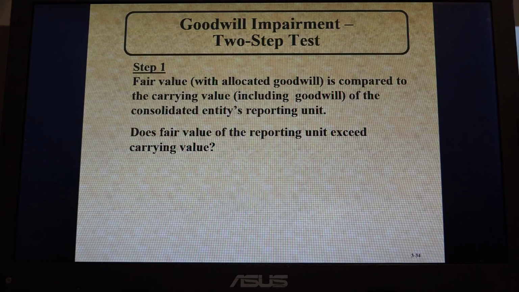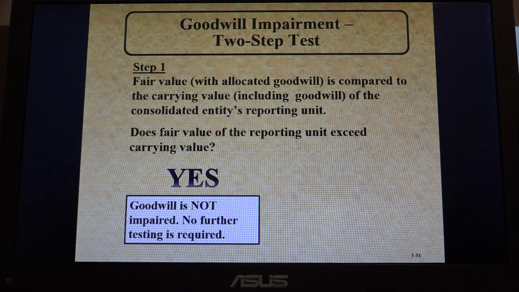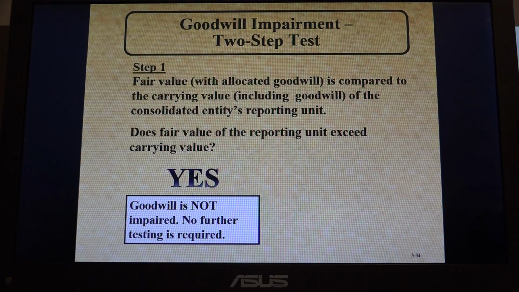And so if the answer is yes, stop. If the answer is no, you have to go to these quantitative testing measures, and that's where you would probably have to get the valuing experts in, and that's where the money issue comes into play, because it's going to cost quite a bit of money to value this reporting unit.